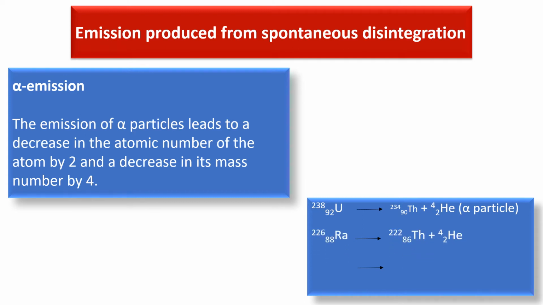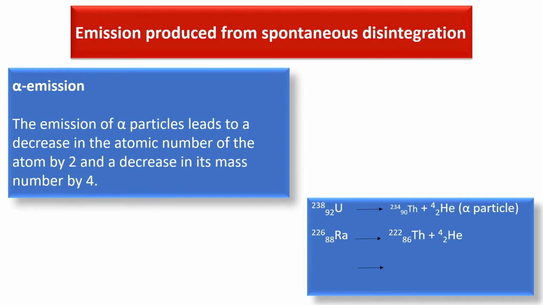Another example is radon with mass number of 226 and atomic number of 88. By the time the mass number is decreased by 4, it produces an element with mass number of 222, and by the time the atomic number is decreased by 2, it produces another element with atomic number of 86.